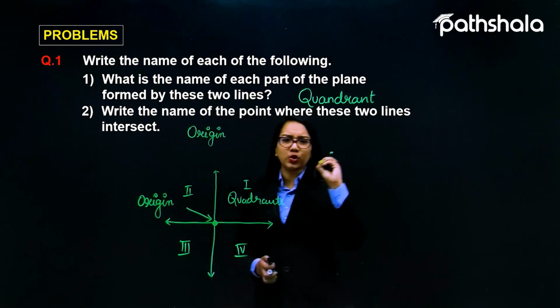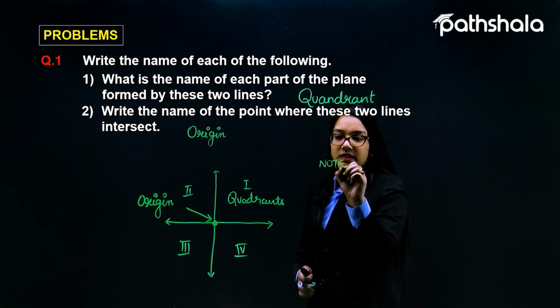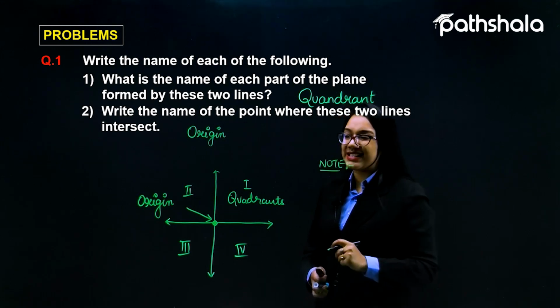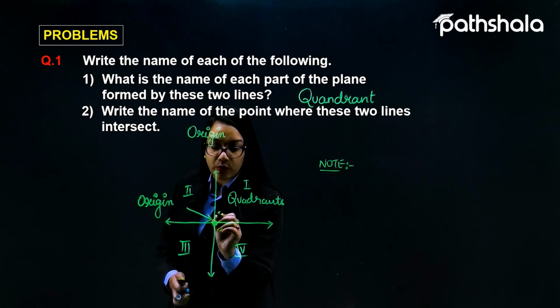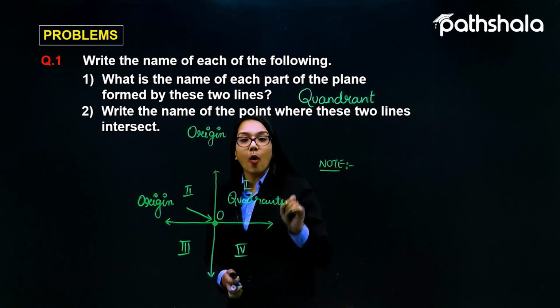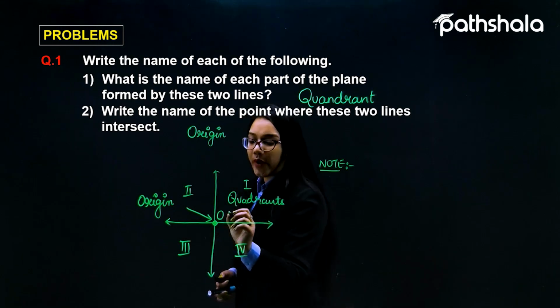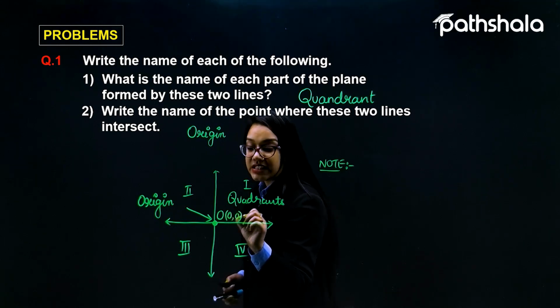There is a special note regarding this origin. As we can see, this point is the origin, which we always call the zero point, or the O point. This O point has coordinates 0, 0.